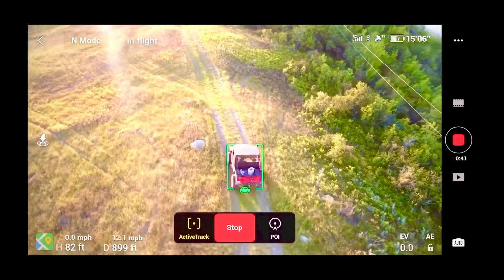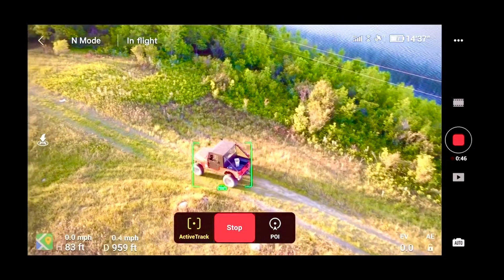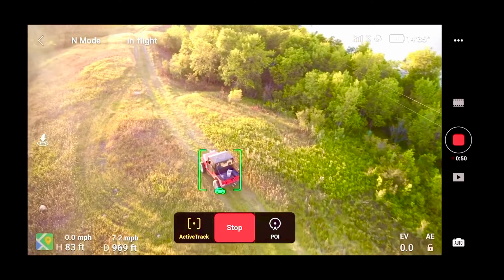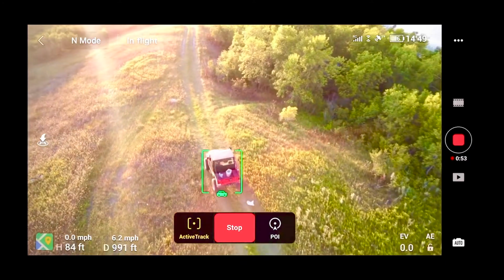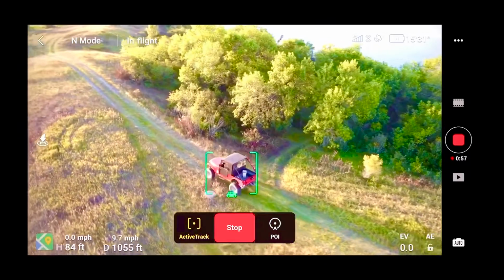So I increased the altitude, and then just to get some more perspective, I moved the drone to the side, and whenever I let go of the control, it defaults to chasing the vehicle from the rear.